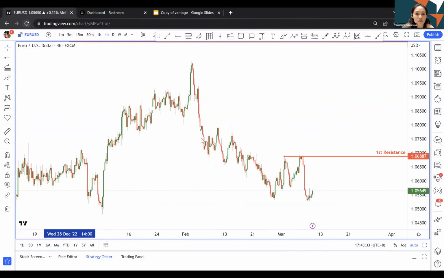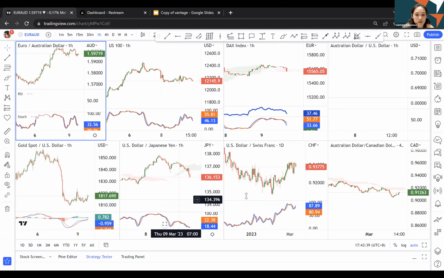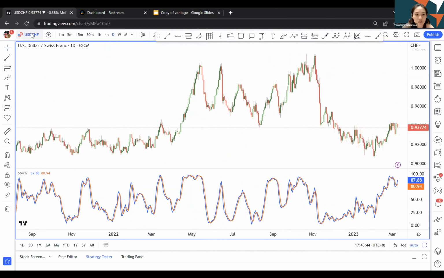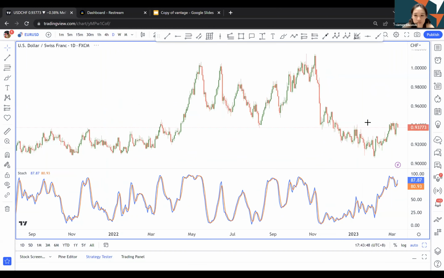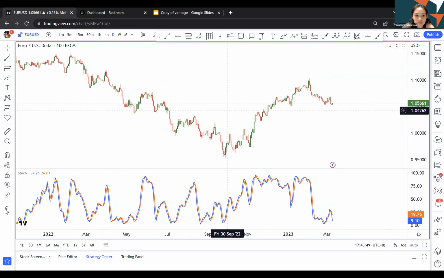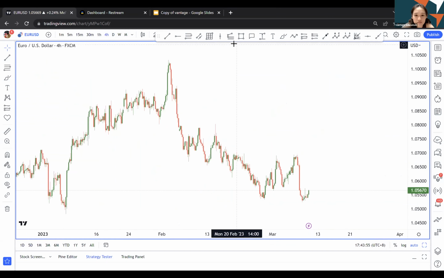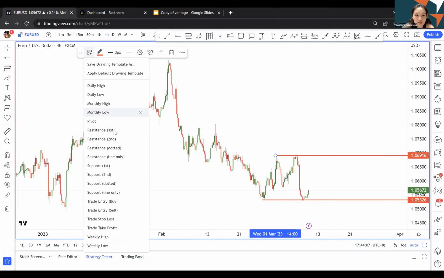Let me just reload. Euro USD. So here's my first support. Once again, here's my first resistance.